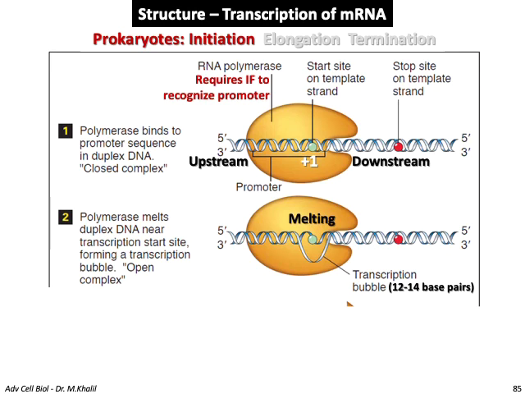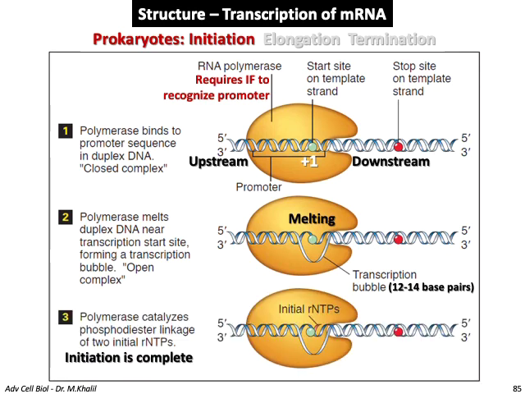So the melting happens with the help of the RNA polymerase. Once the melting happened, the RNA polymerase started to transcribe the first nucleotides. Once the first two nucleotides have been transcribed, that means it is the end of the initiation phase. So the initiation phase is completed.